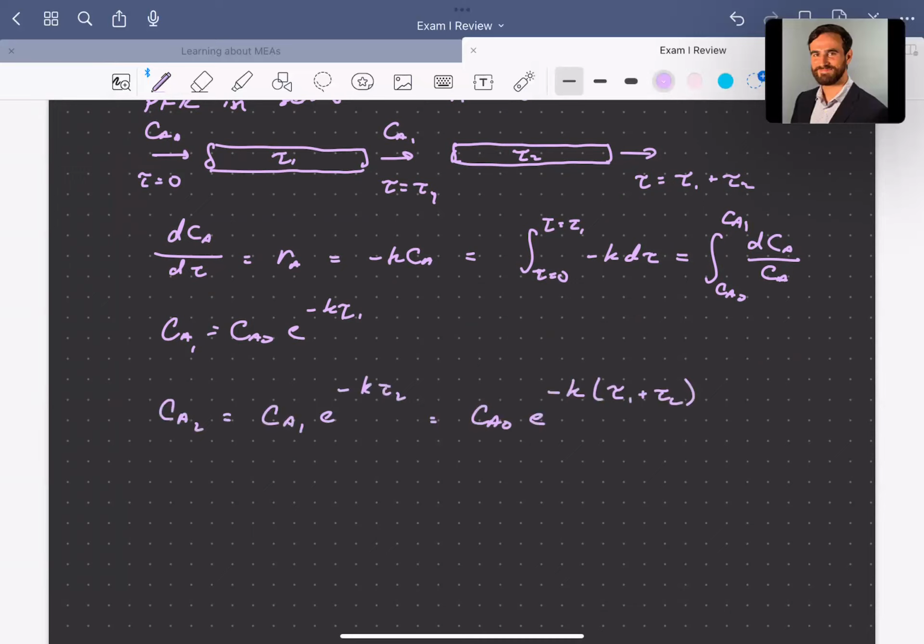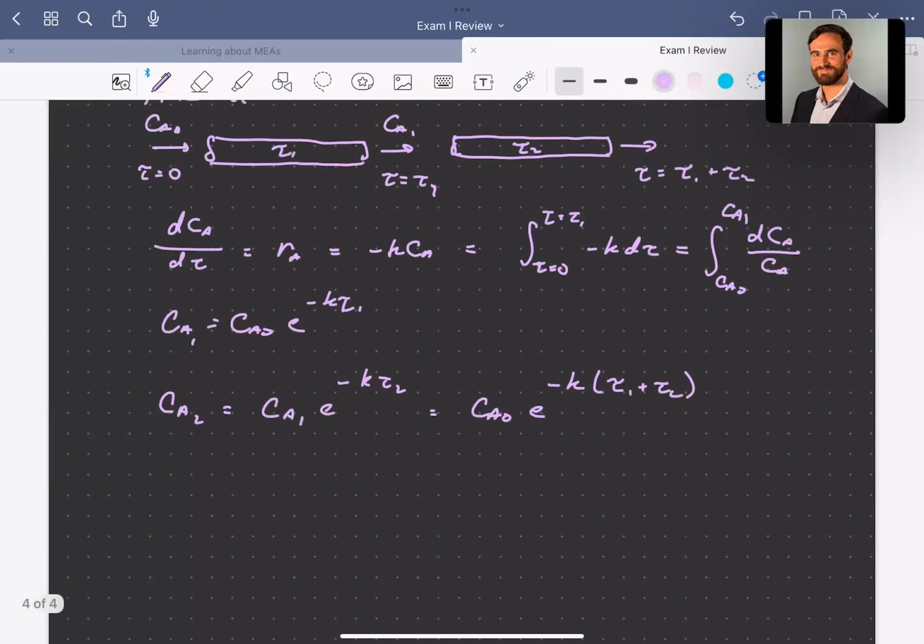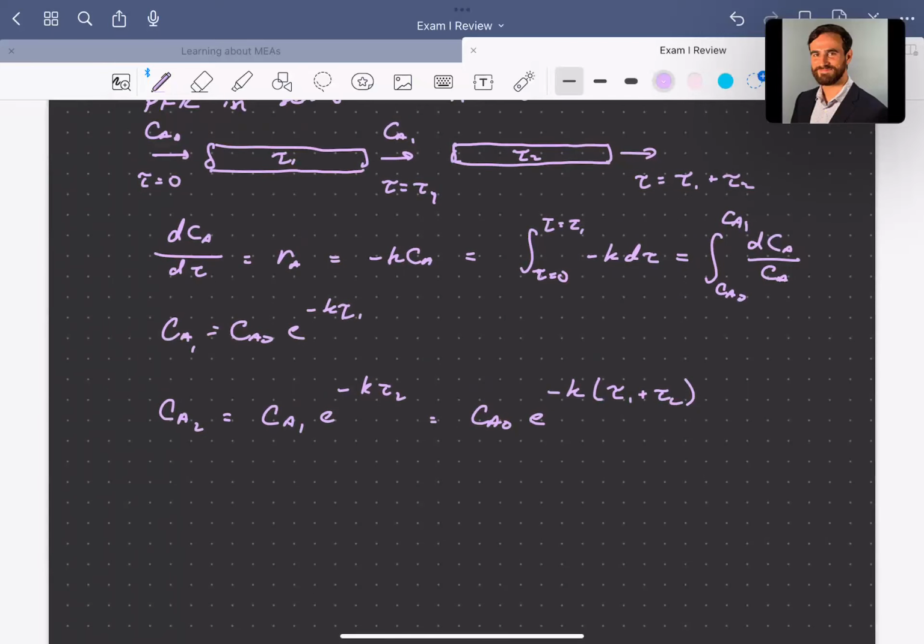So this is exactly what we would get for the expression where we had one tubular reactor that's twice as long. So essentially what we get when we have two tubular reactors in series is the expression that you would have for one tubular reactor with a residence time equal to the sum of the two reactors. So really there's no difference here between having just one longer reactor or two reactors in series.